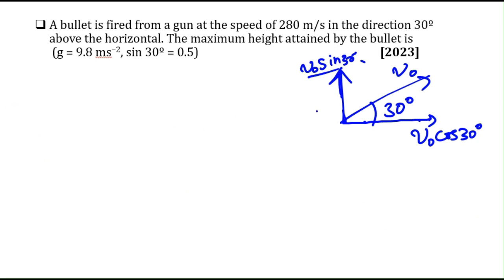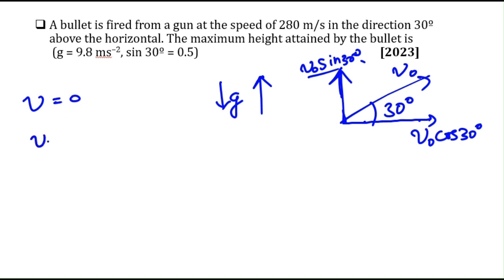So we have to find out maximum height. That is, we have to consider its motion along vertical direction. In vertical direction, there is acceleration due to gravity vertically downward, and the initial velocity is V naught sine 30, and then we can apply a concept. At maximum height, the final velocity should be 0. So if we write V as final velocity, this should be 0.